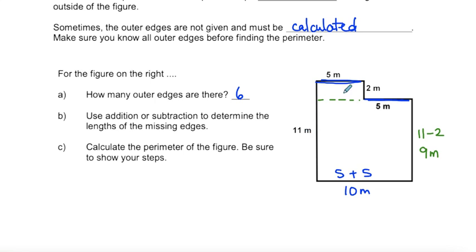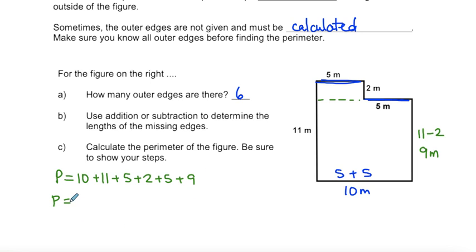So now that we have determined all of our outside lengths, we can determine the perimeter. So the perimeter is equal to, we'll start with our 10. 10 plus 11 plus 5 plus 2 plus 5 plus 9.